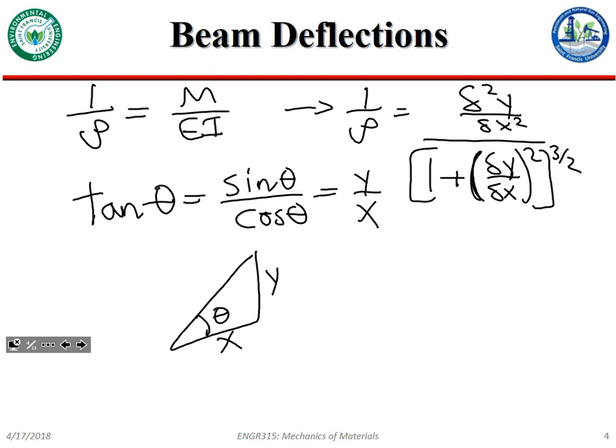So if I say that theta is small, say it's like 2 degrees, sine theta would be? 0.034. Okay. And cosine would be? 0.99. Cool.